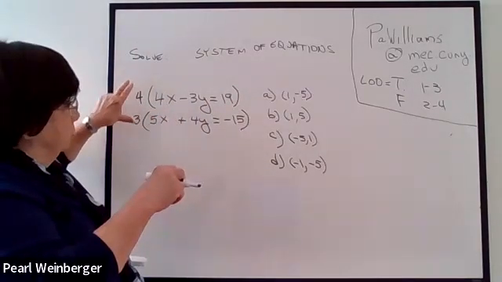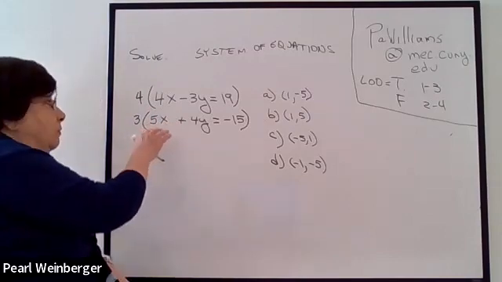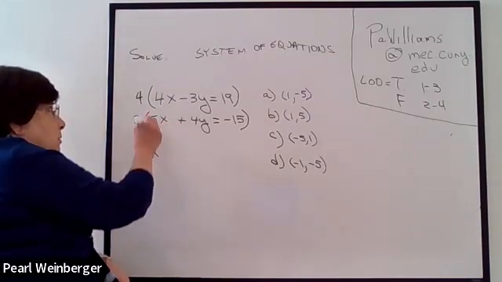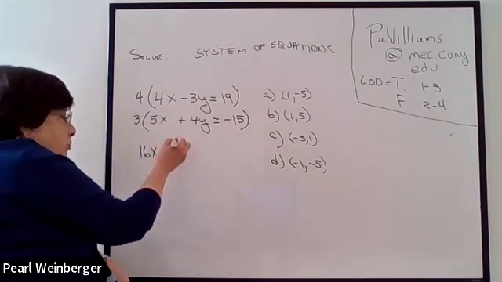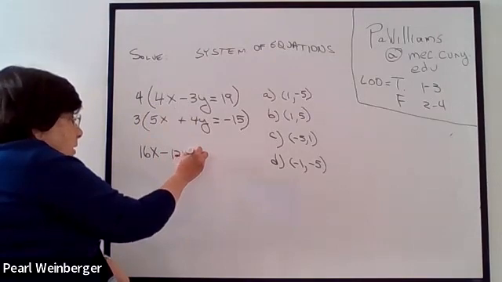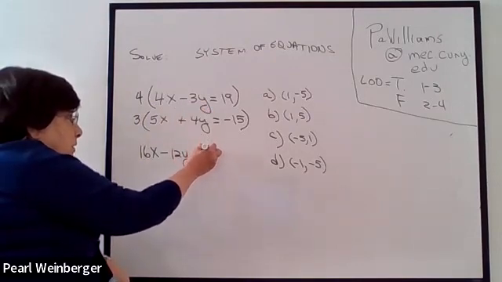We're just going to use these positive numbers. So the first equation, when I multiply it by 4, will give me 16x. And 4 times -3 is -12y equals 4 times 19, which is 76.